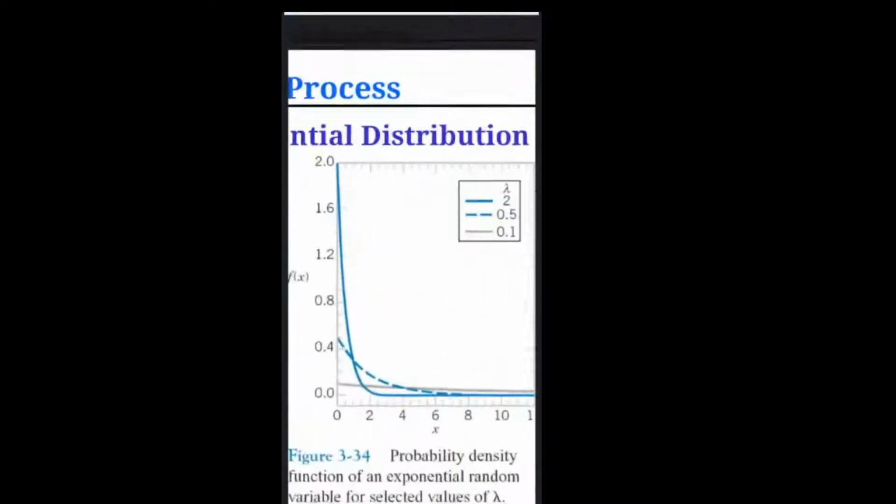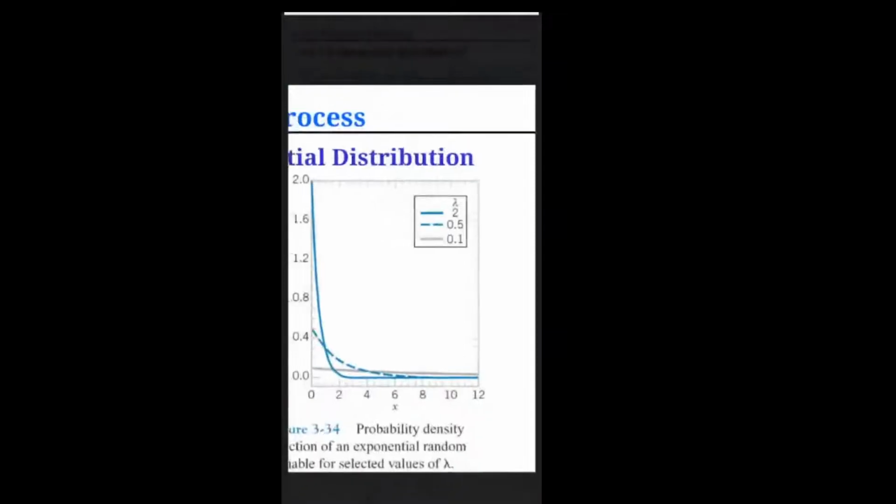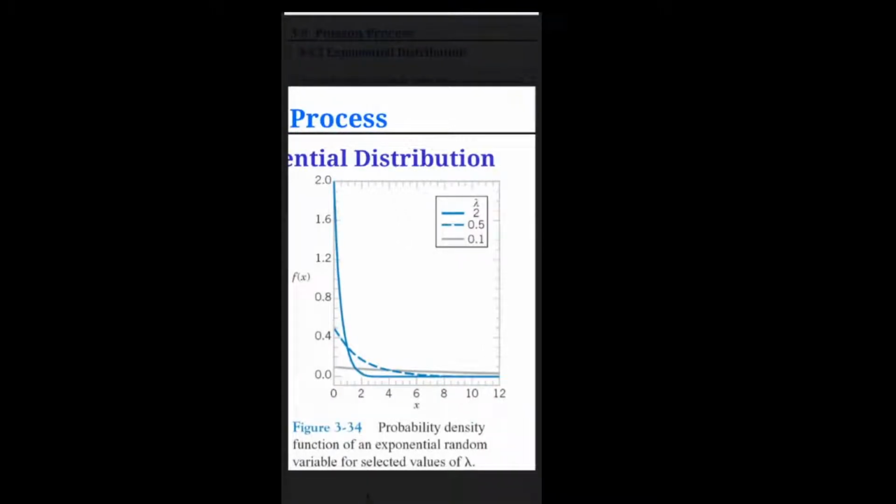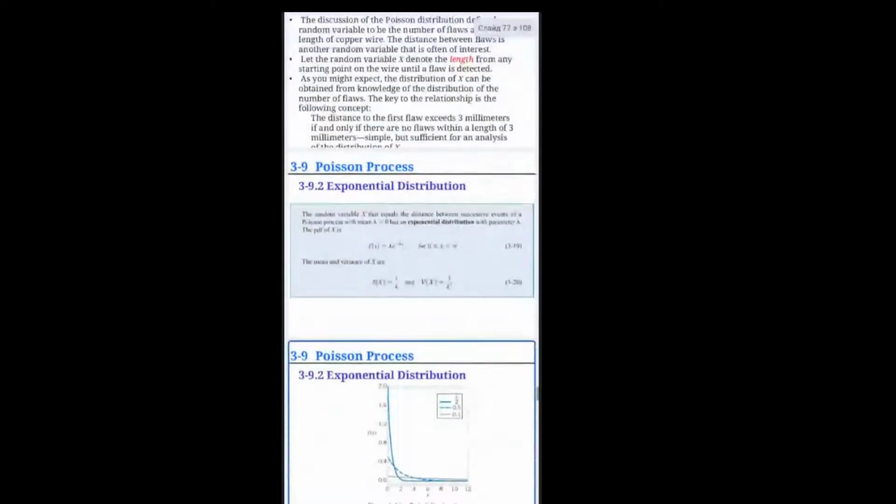Виглядає цей розподіл ось таким чином, в залежності від показника лямбда. А ось probability density function та функції для розрахунку математичного очікування і дисперсії.